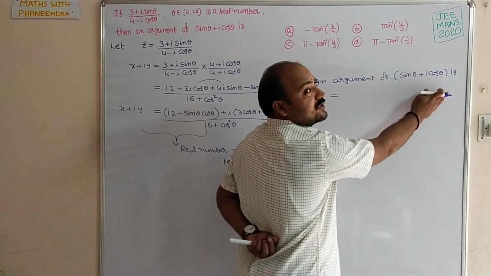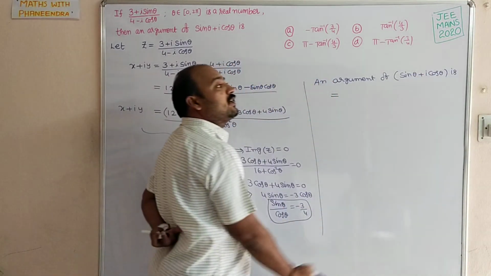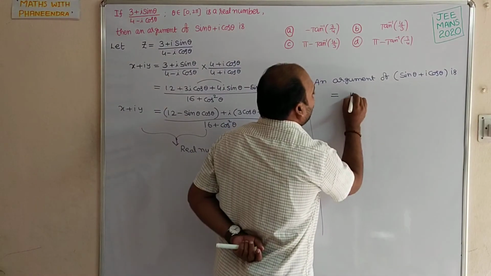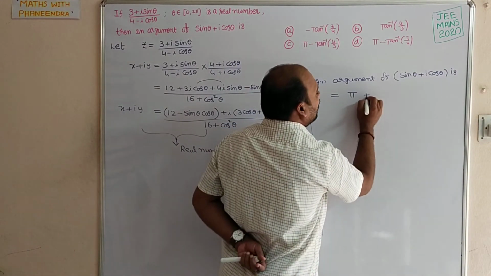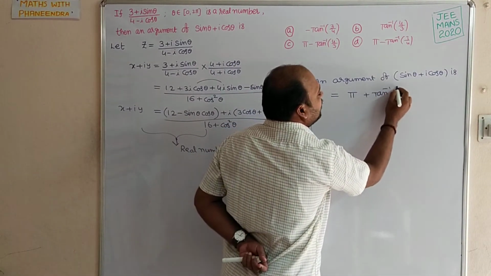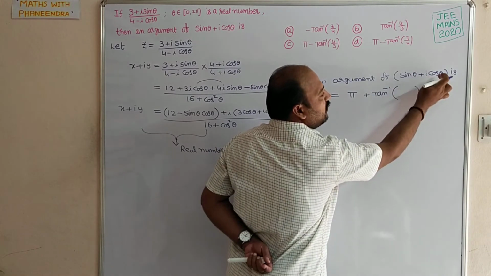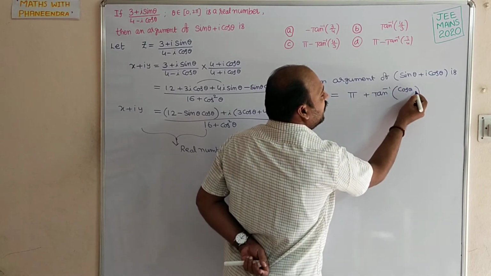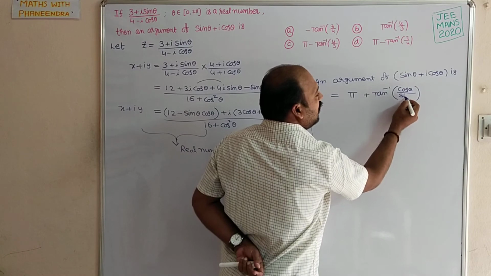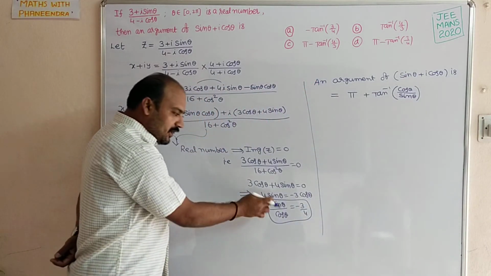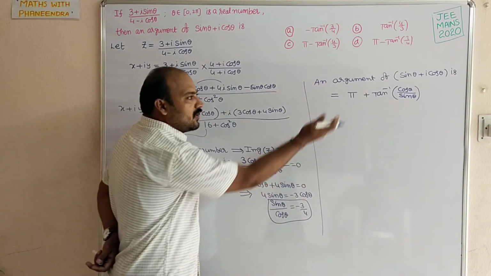Generally cos theta plus i sin theta will come, but whenever it is sin theta plus i cos theta, it becomes pi plus tan inverse of y by x. Compared with x plus iy, the value is cos theta divided by sin theta. But we have sin theta by cos theta, which is the reciprocal of that value.